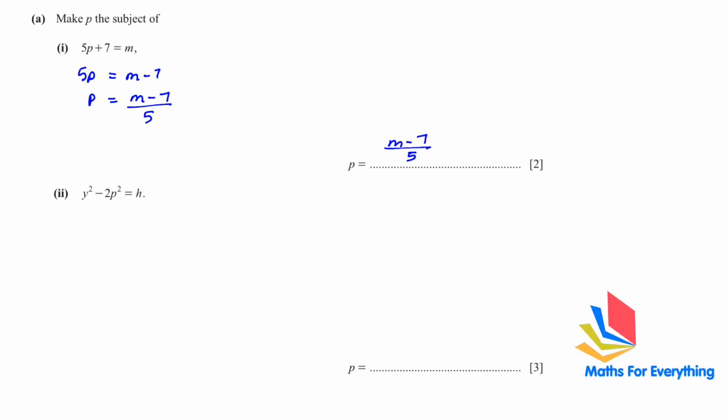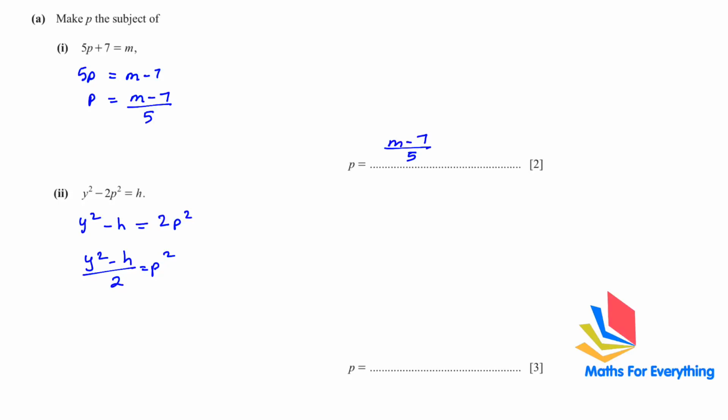In this one, our P is negative. So the first thing, the subject must not be negative. Let's bring the P to the other side to make it positive. y squared, and the h we will bring here. Negative h is equal to 2P squared. We are going to remove the 2. It's a multiply, it will be a divide. And this is a square.